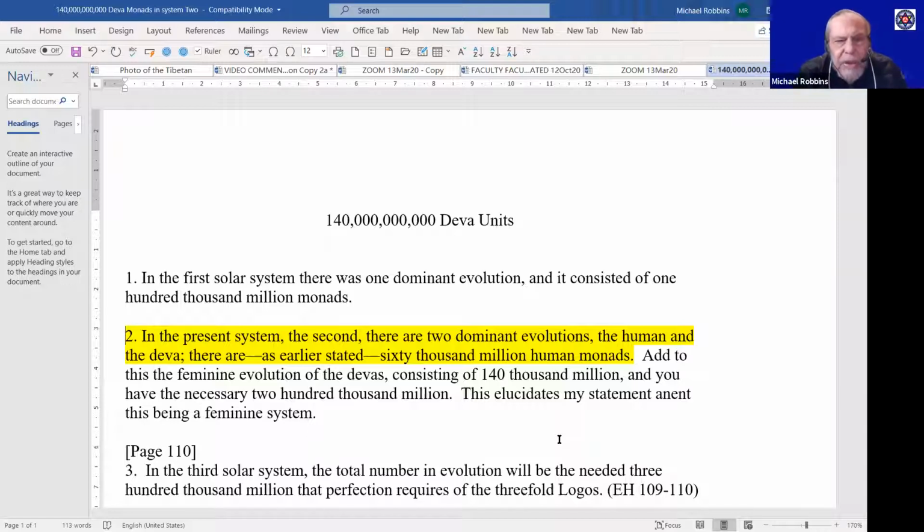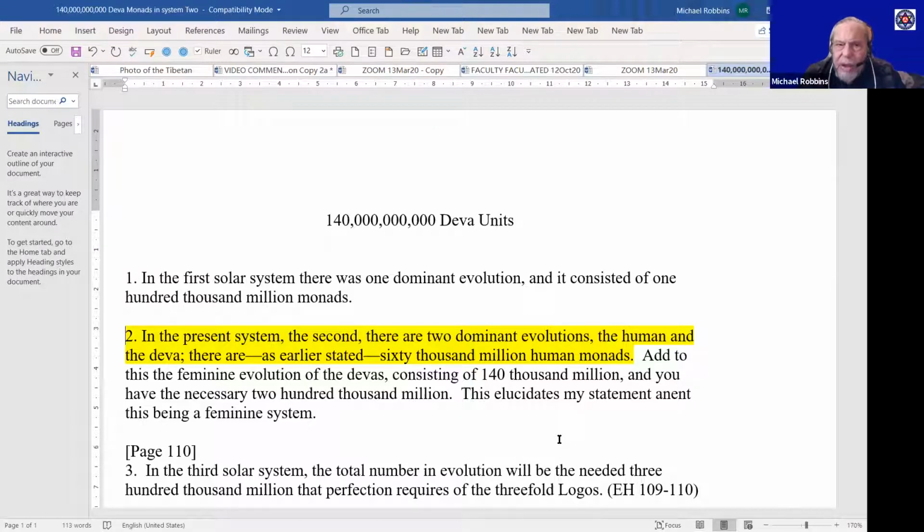Add to the feminine evolution of the devas, consisting of 140,000 million, and you have the necessary 200,000 million in our second major solar system. This elucidates my statement anent this being a feminine system.